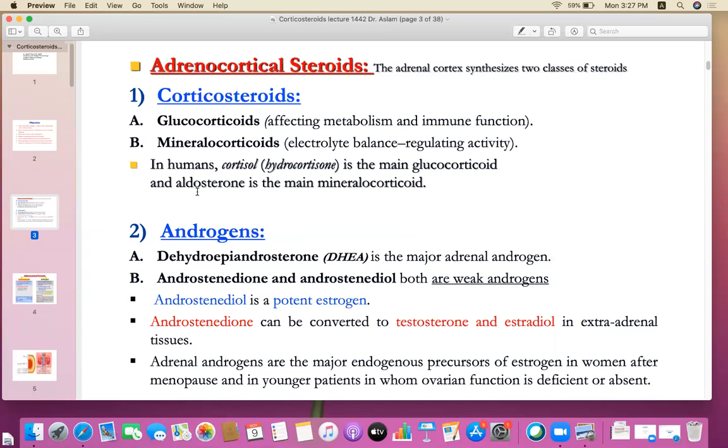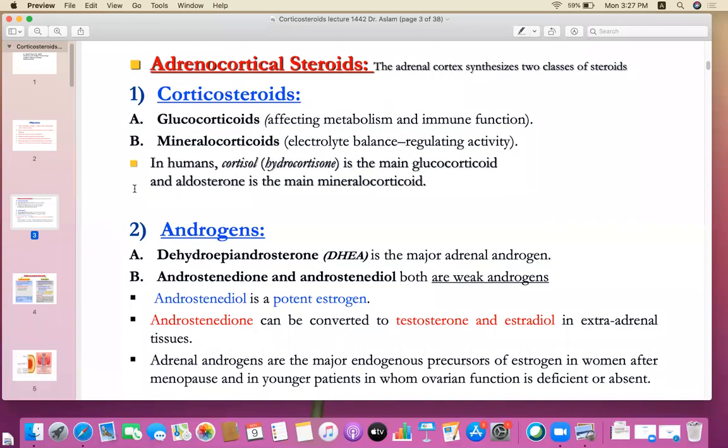The natural, endogenous mineralocorticoid in our body is aldosterone, which is responsible for salt and water retention. So this is about corticosteroids, gluco and mineralo.